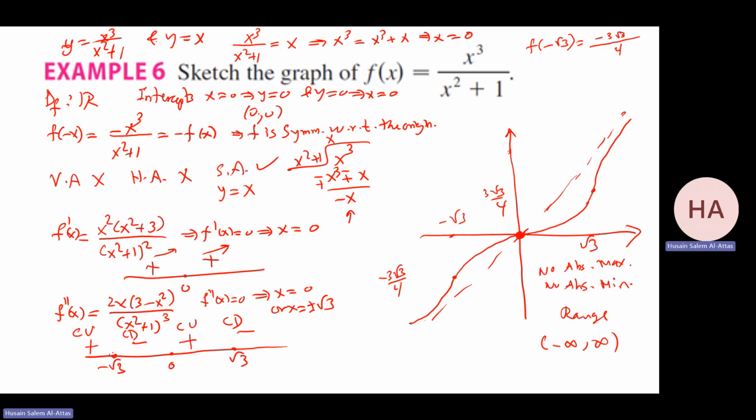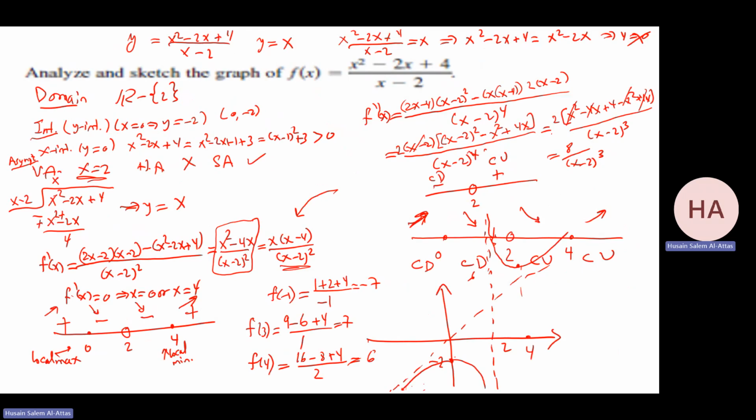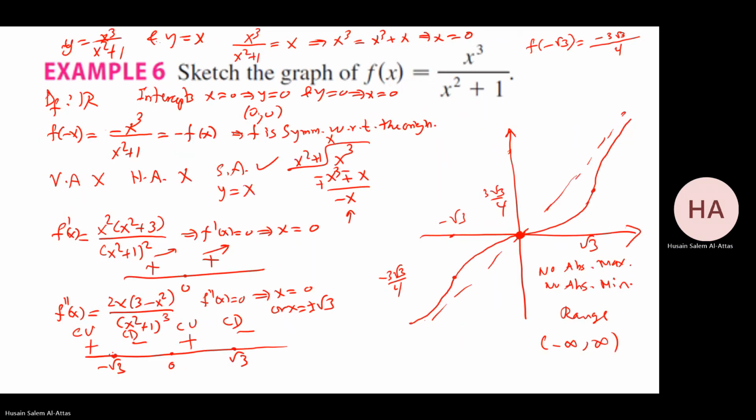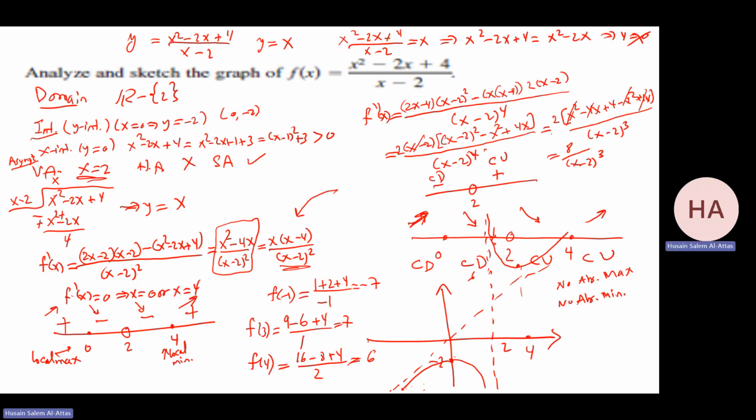Okay, let me go back to this one. Is there an absolute max, absolute minimum? No absolute maximum, no absolute minimum. Okay. And the range is from minus infinity up to -2, this is -2, correct?